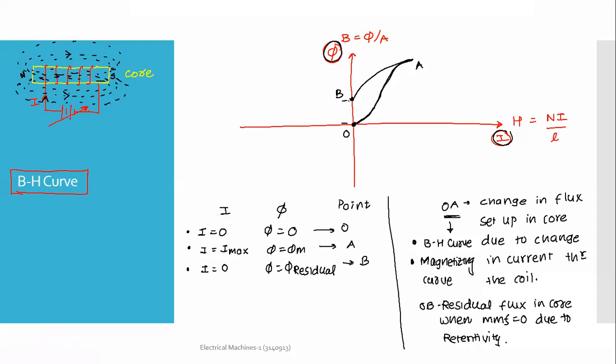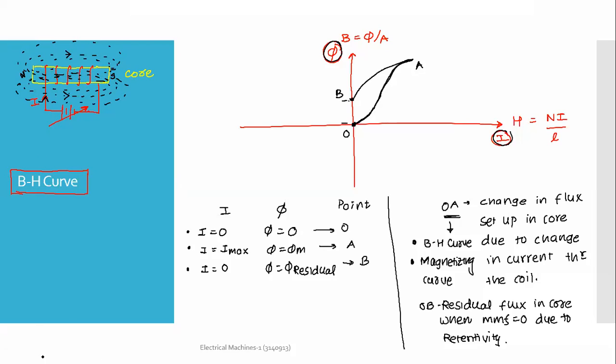Now, if I want to make this flux 0, that means the domains I have aligned in one direction, even after the force is taken out, I want to make this residual flux 0. So I need to apply force in the opposite direction. What do we do here?